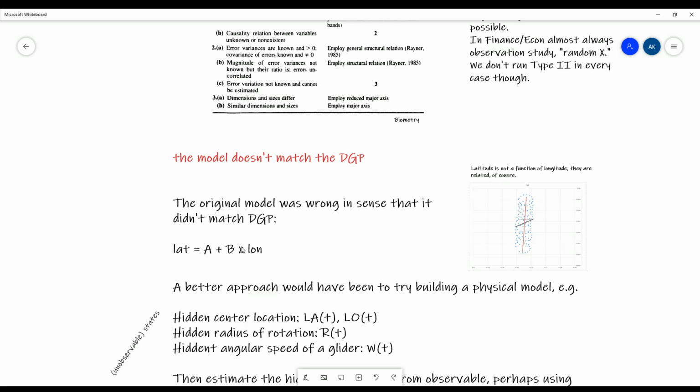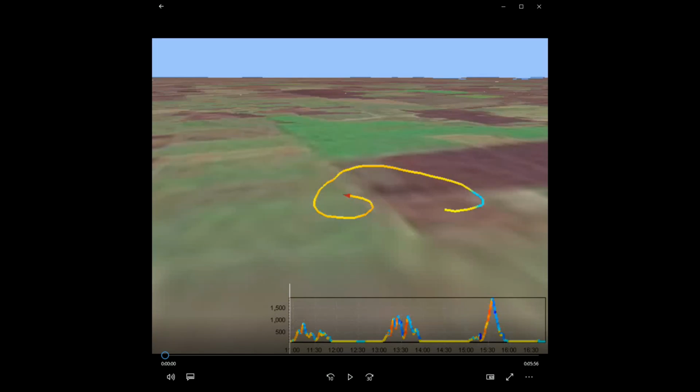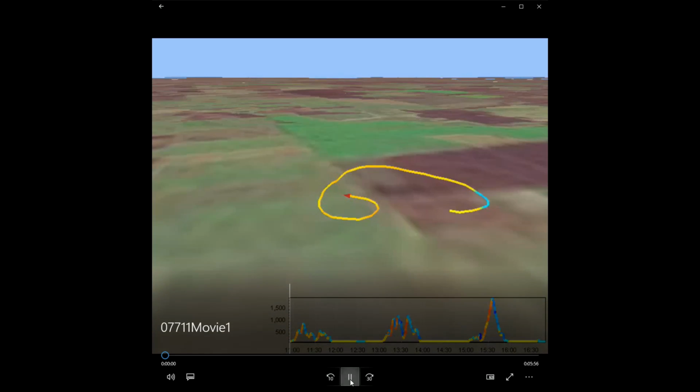And I wanted to quickly share with you this little video. So let's look at this video of a paraglider or a bird moving in the air.